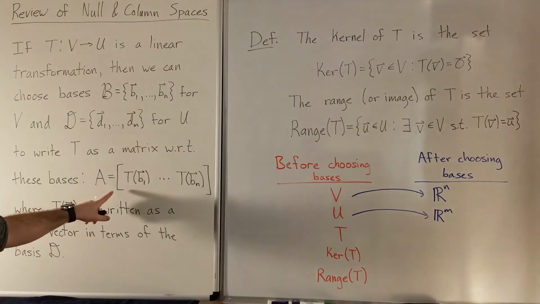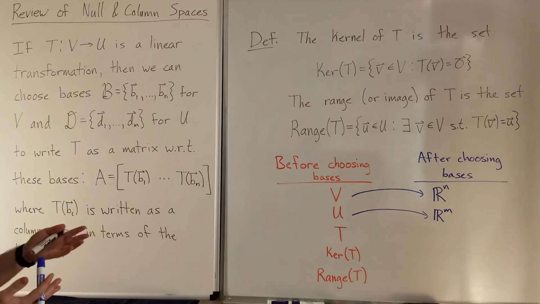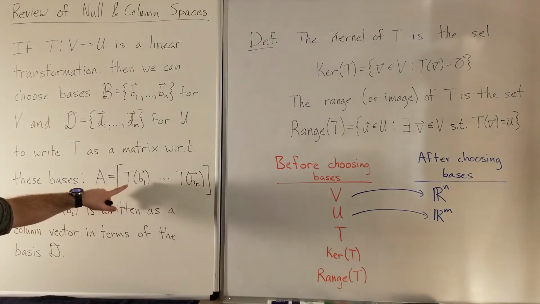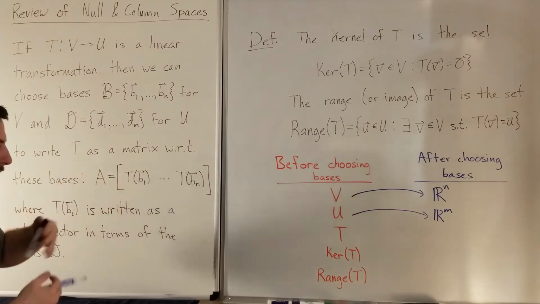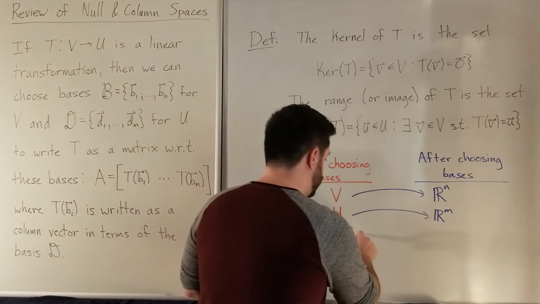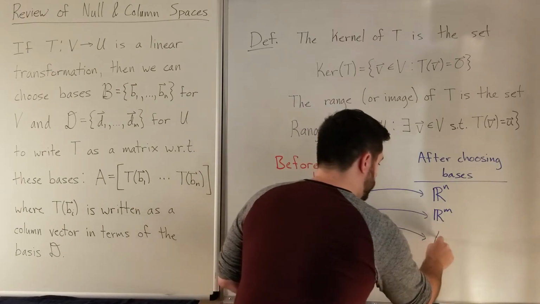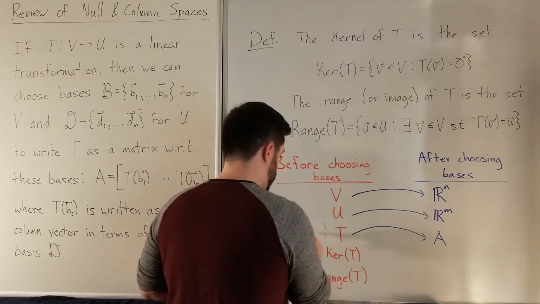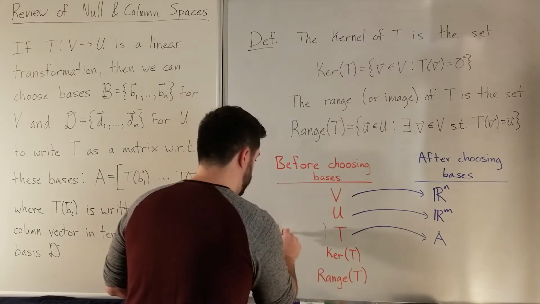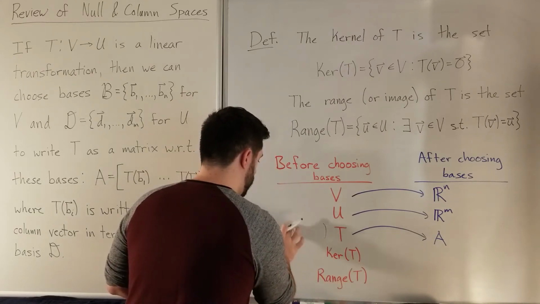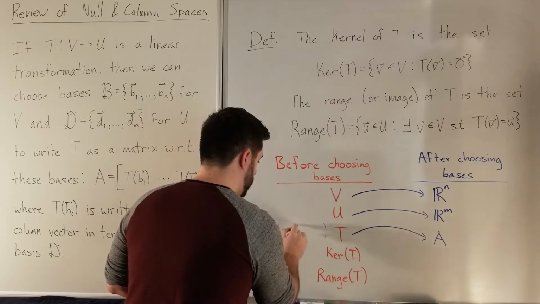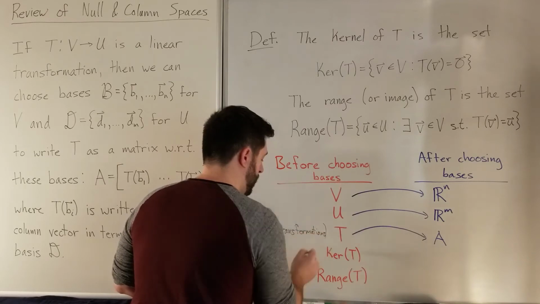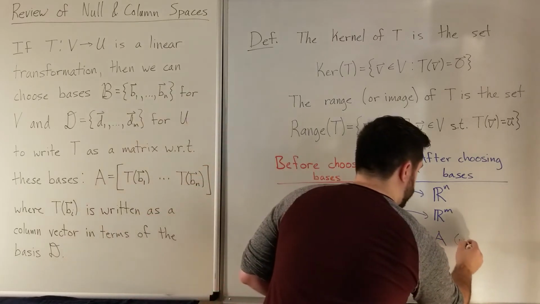And as we saw right here, after choosing these two bases, the matrix for T completely describes the transformation. So this T turns into the matrix A. So transformations in general get turned into matrices.